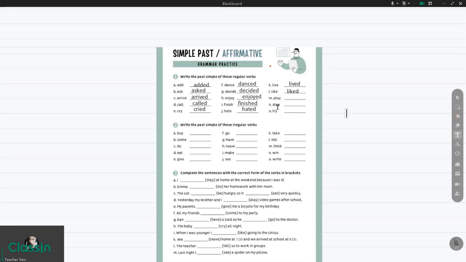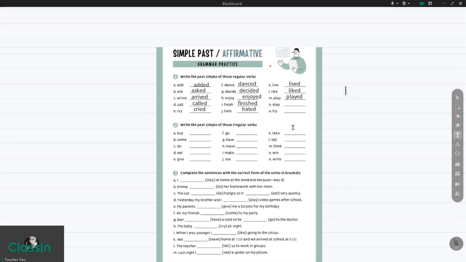And letter M is play. So we are to add ed. Okay. Played. Let's move it a little so you can see the correct spelling. Okay, let's move it a little. There. And here, let's move it a little like that.